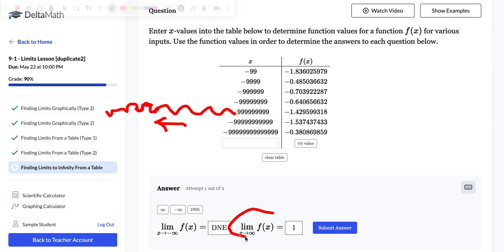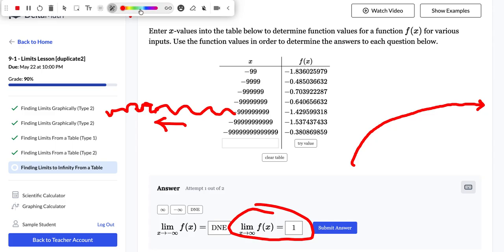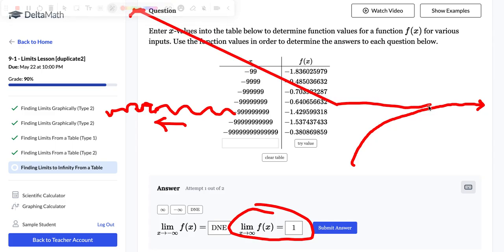But on this side of the limit, as x goes to infinity, y approaches 1, you have seen that, okay? Look at how this gets closer and closer to a y value of, oops, sorry. That's an asymptote. And that asymptote is at y equals 1.